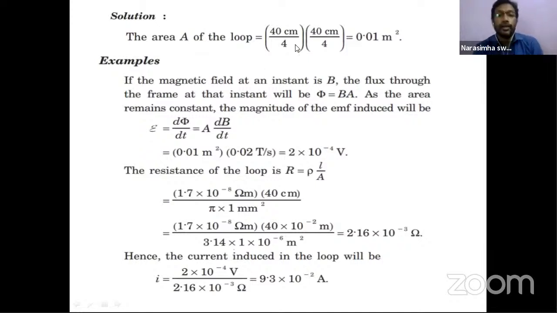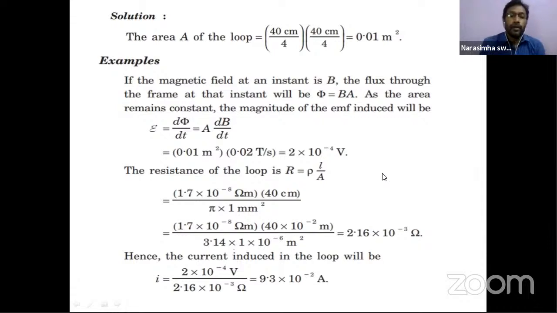Here 40 by 4 gives 0.1, actually 10 centimeters, converting that into meters. So the area is 0.01 meters square. Now let's see how to proceed with this example.